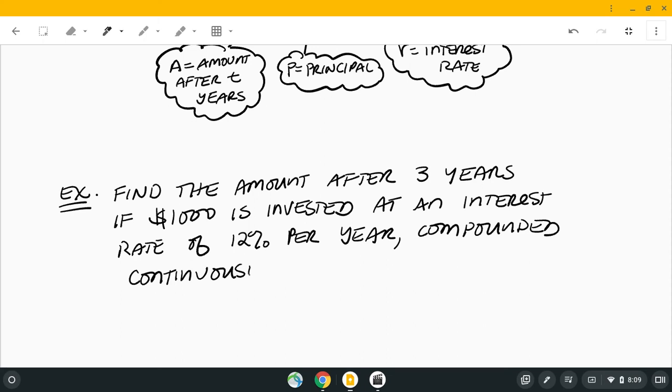We saw last time, when it was compounded daily, we made like $433 and change, like 27 cents. So we should make a little bit more than that.